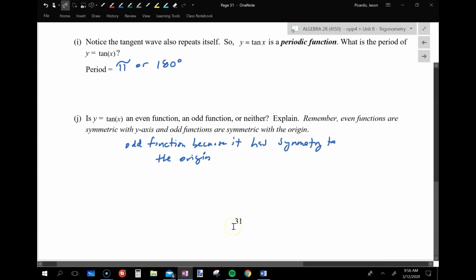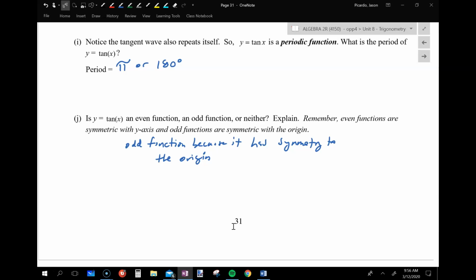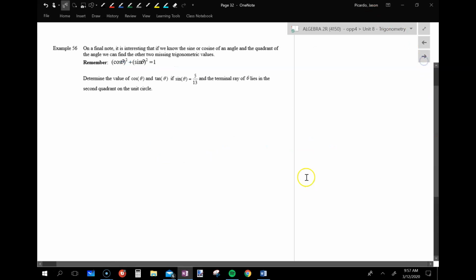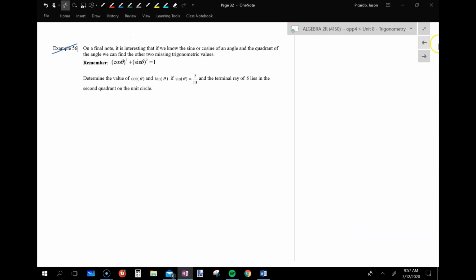This is an odd function because it has symmetry to the origin. All right. Cross out 56. We're not going to do 56 right now either.